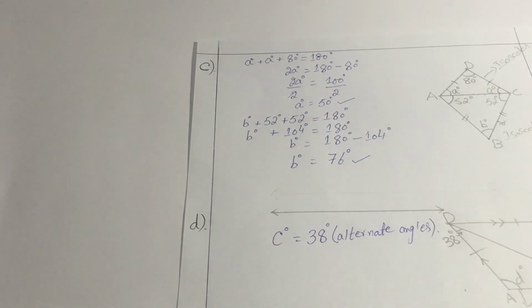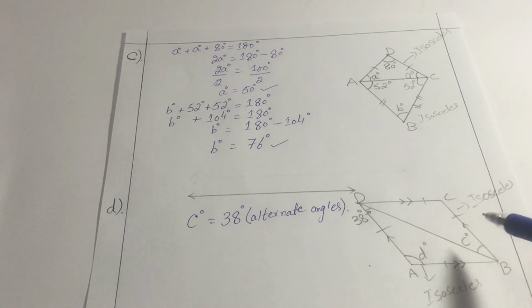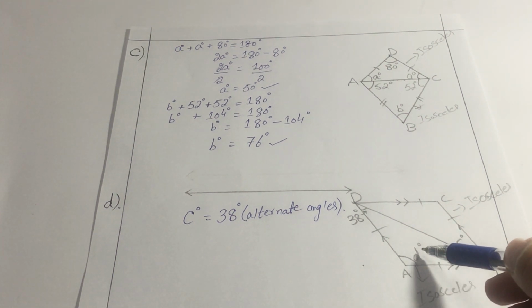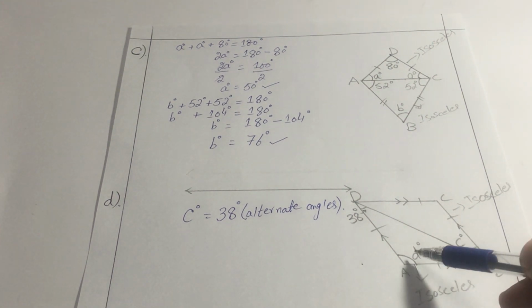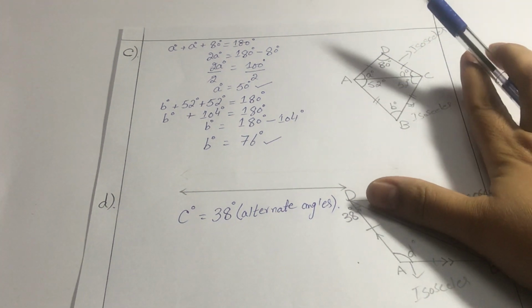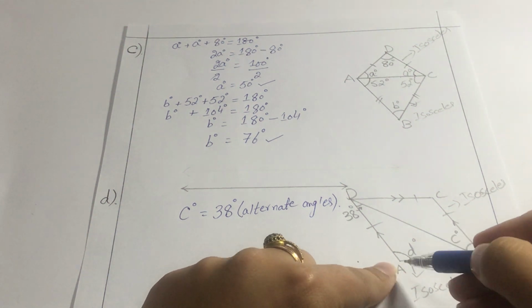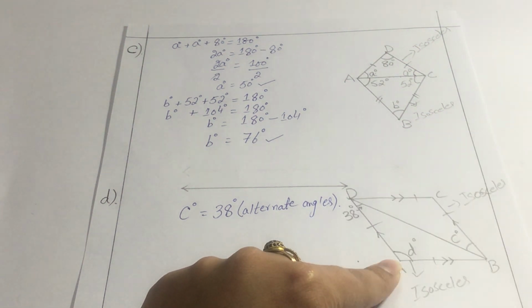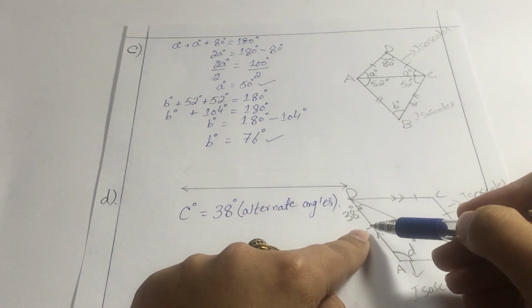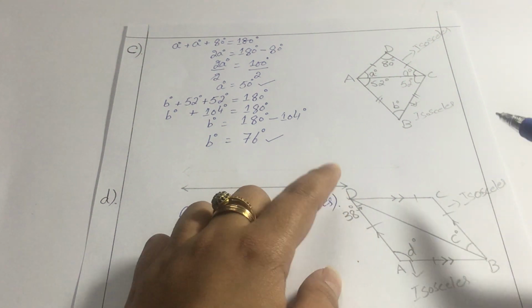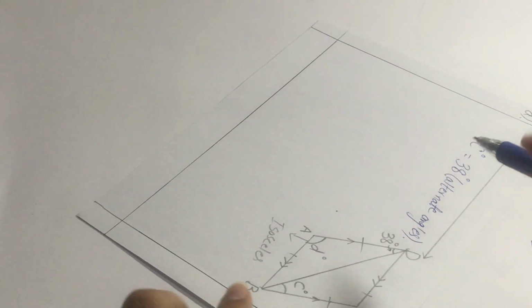right? Now, we need to find the second unknown, that is D degrees. And for D degrees, we will consider this isosceles triangle, and that isosceles triangle is known as ABD. And in an isosceles triangle, its two sides are equal, so its base angles would be equal, right?